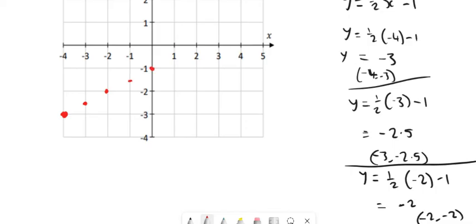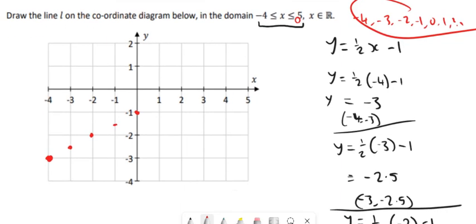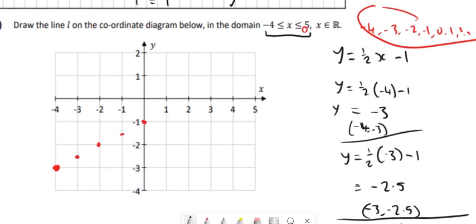So you could keep putting in more numbers if you want, all the way up to 5. But once we've got a few, we can see the line because it's a linear graph. Yeah, so it'll be something like that there.